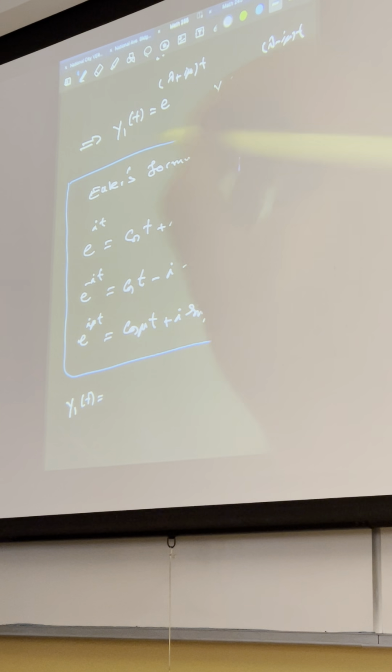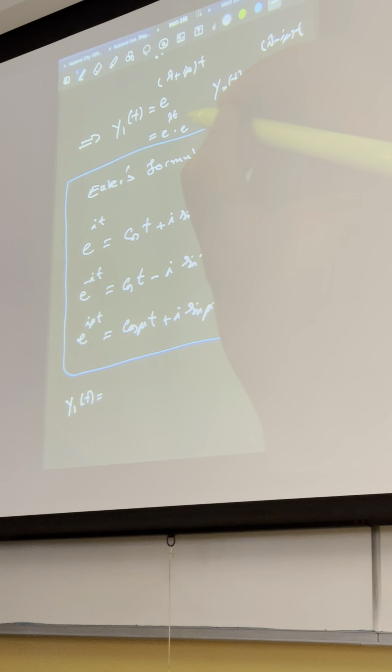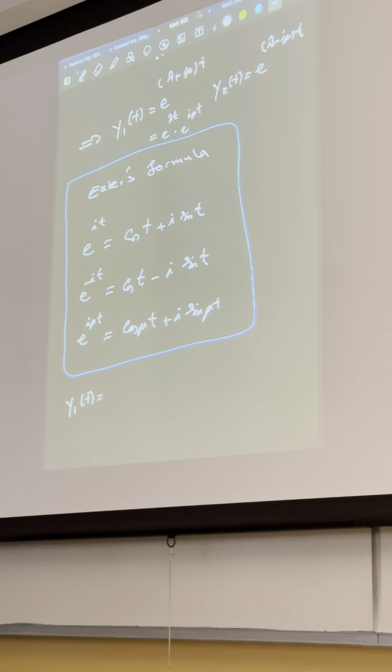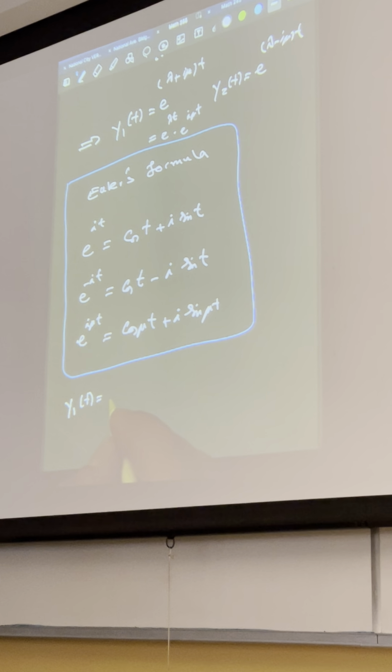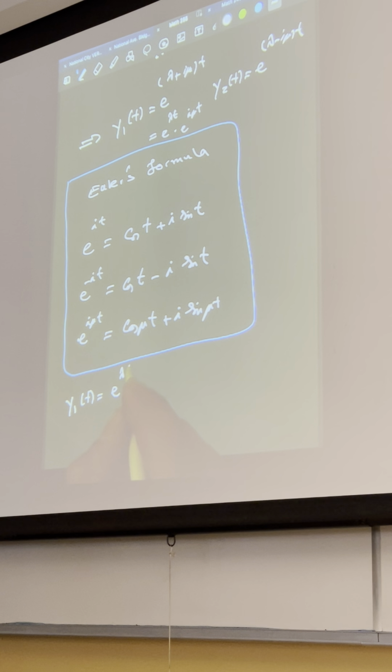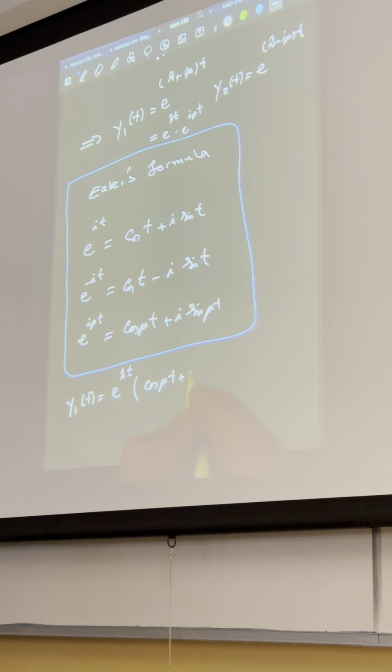So this is e to the power of lambda t times e to the power of I mu t. That's what I was talking about. So y1 would be e to the power of lambda t times e to the power of I nu t, which would become cosine of nu t plus I sine of nu t.